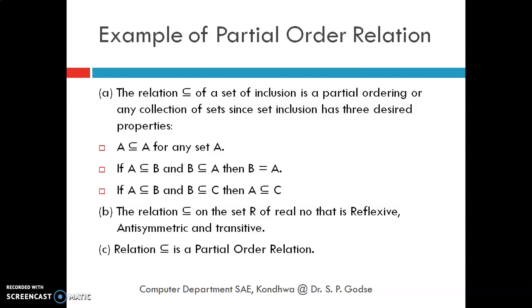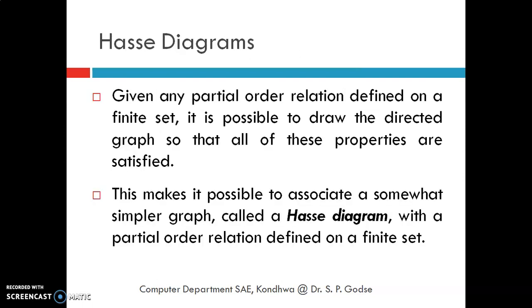A diagram is nothing but a graphical representation of the relation, where we use directed edges from one element to another element if the ordered pair is present in the relation R. This diagram we can convert into a simpler form using the Hasse diagram. The Hasse diagram is basically used to convert this partial order relation into the simplest form of the diagram, where all the edges point in the upward direction. We'll see Hasse diagrams in detail.